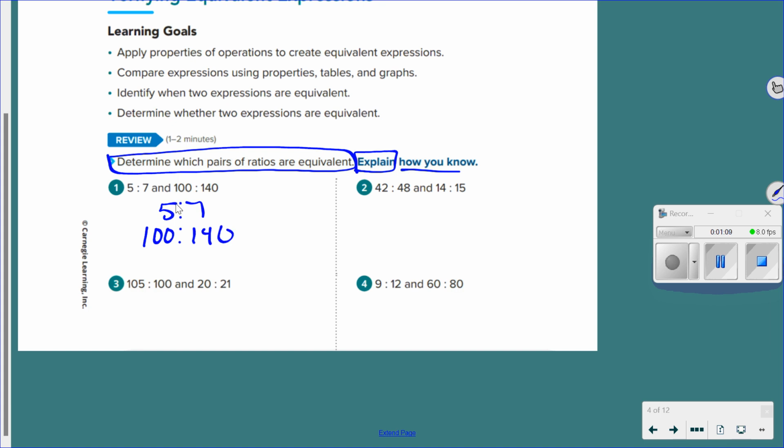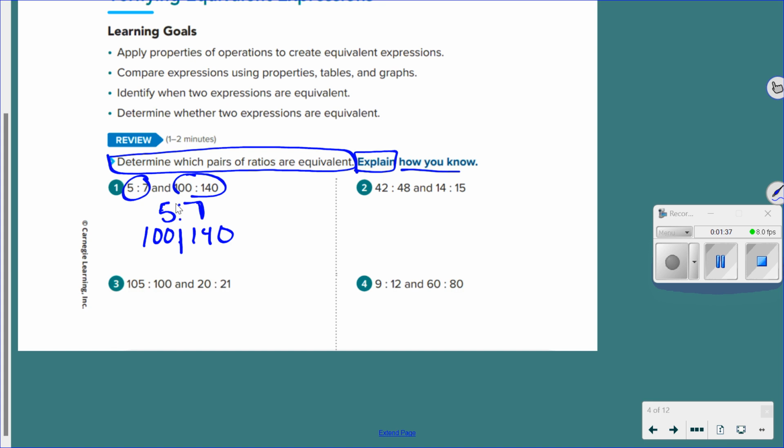Yes? And what am I doing with those? So turn this one into a fraction and this one into a fraction. So that's basically the same thing. I could use fraction bars there, yeah.